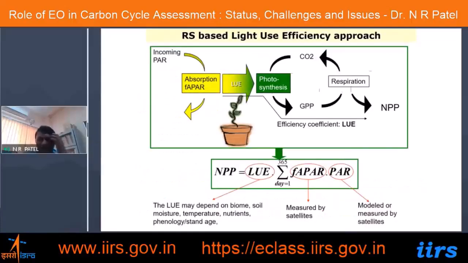I am only giving you an overview, because in the next lecture on upscaling and modeling of carbon fluxes we will see this in detail. But whatever observation work we discussed with the flux tower sites across India, we have to integrate with models, whether it is GPP, NPP, or net ecosystem exchange, or also some parameters quantified for the specific terrestrial ecosystem, like quantum yield and light use efficiency of individual biomes.